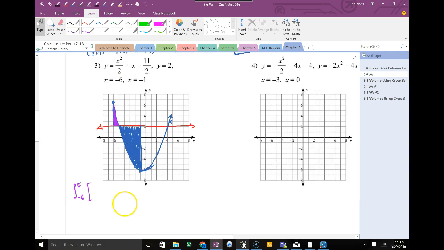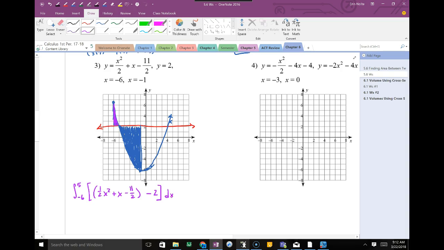So it goes, what is that one? So 1/2 x squared plus x minus 11 halves. So then I'm going to subtract. Oh, every time I write 11, I always write pi. Okay, so then I'm going to subtract the horizontal line of 2. Does everybody follow that? Dx.